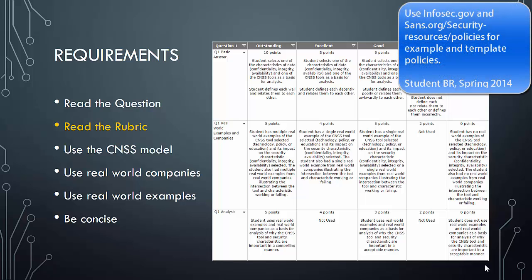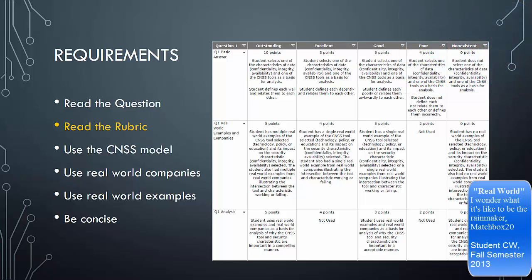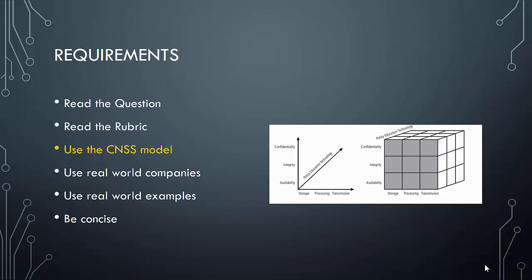And then finally, are you using that real-world example and that real-world company as a basis for analysis? In other words, you're not just dumping it out there and saying this is what happened. You're actually thinking about it, and you're actually applying it. So there are rubrics for each of the questions. You should read those rubrics and make sure that you're answering them in such a way to get the score that you're hoping to get on the midterm exam.